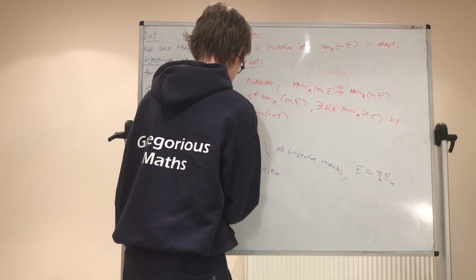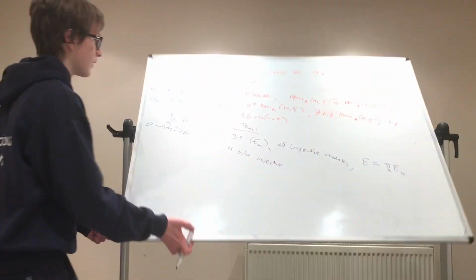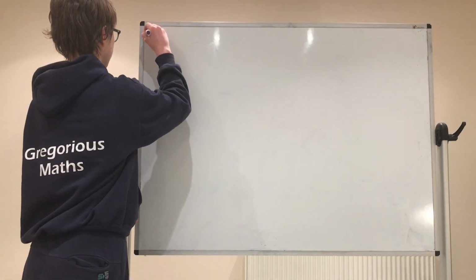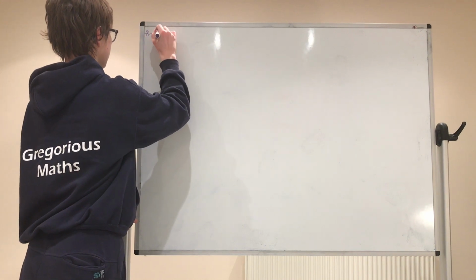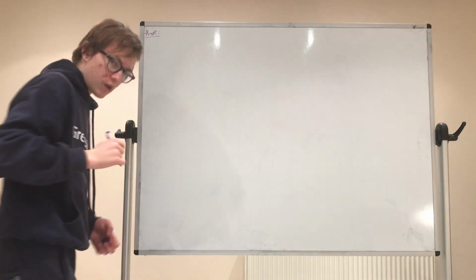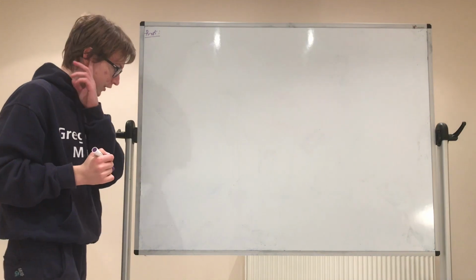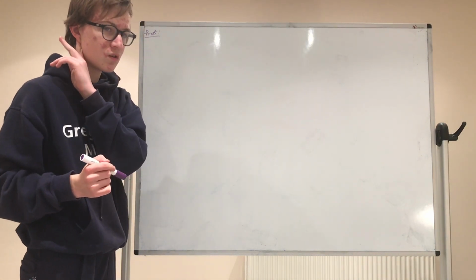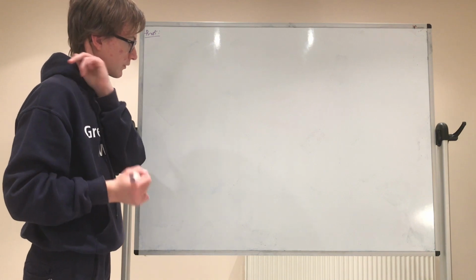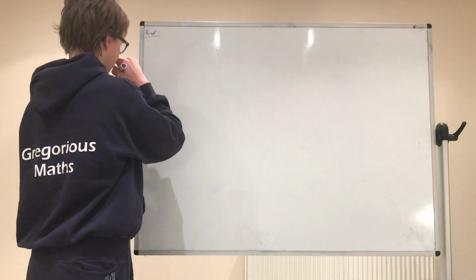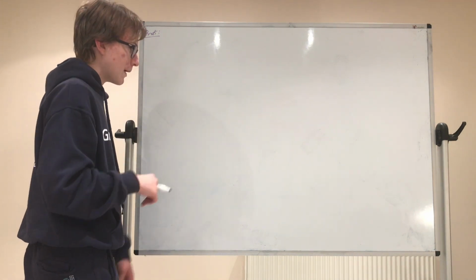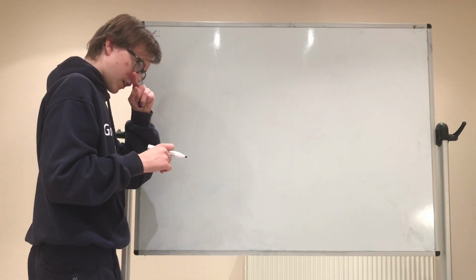And I'm going to make use of some commutative diagrams, so I'm just going to give myself the next board. So, proof. Let's just draw out the diagram that we want.